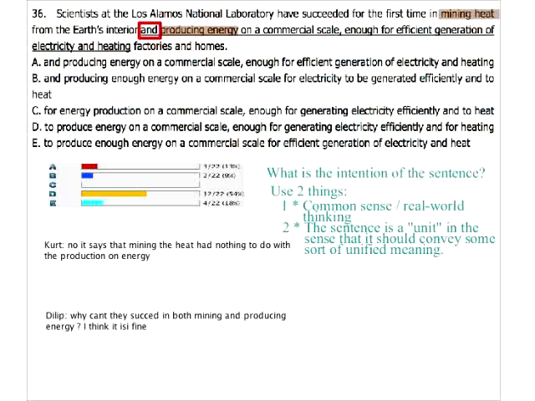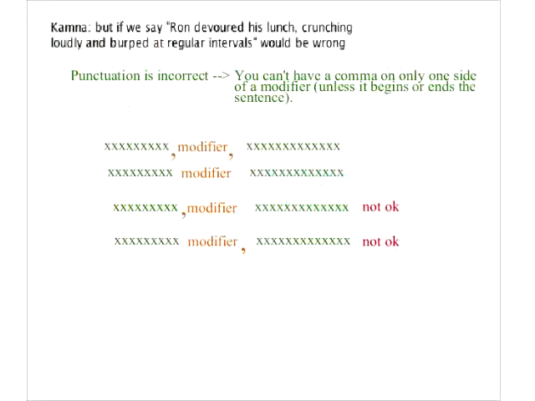So when Kurt points out that mining the heat and implies that mining the heat has nothing to do with producing energy, that's not reasonable given that this is a sentence. When you read this, you have to pick up on the idea that that's the intention of the writer. It's kind of like when you read this.